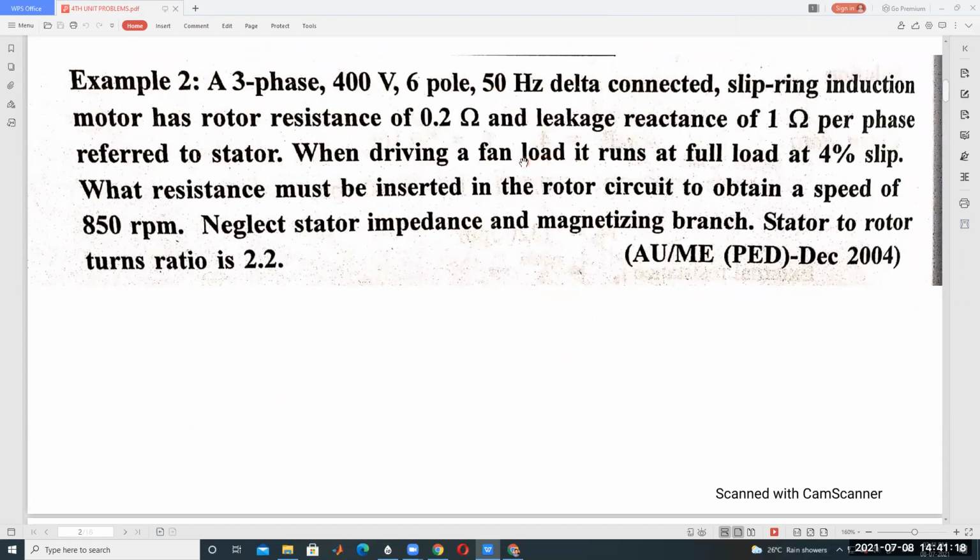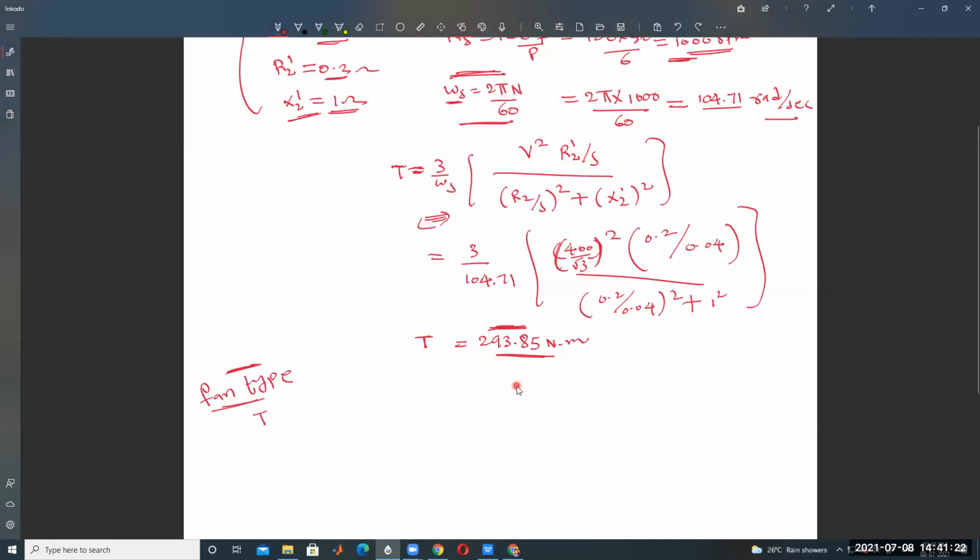What is the relation between torque and speed? Is it proportional to N square or N cube or N? For fan load, the relation is N square. That means torque is equal to k into N square. Am I right?